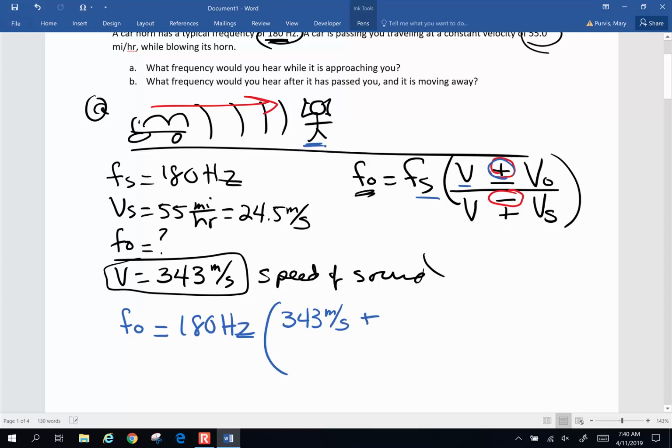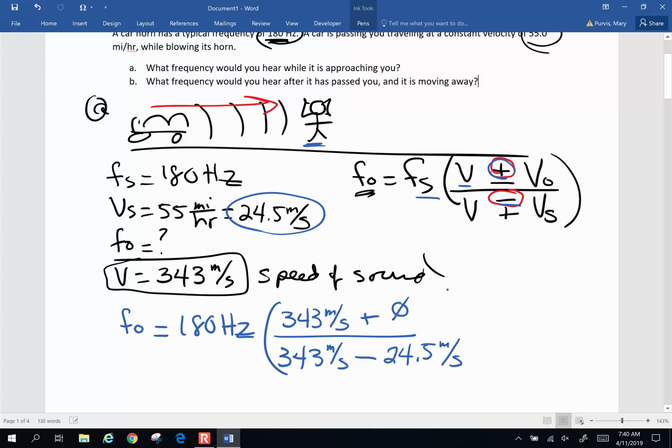Now, the observer is not moving, so that's going to be a zero, divided by the velocity of the wave, so that's just the speed of sound, minus the velocity of the source. The car is coming towards us at 24.5 meters per second.